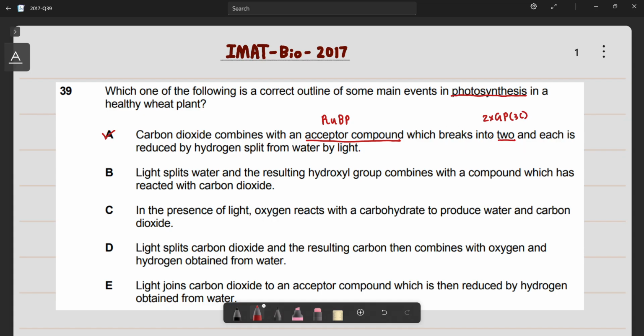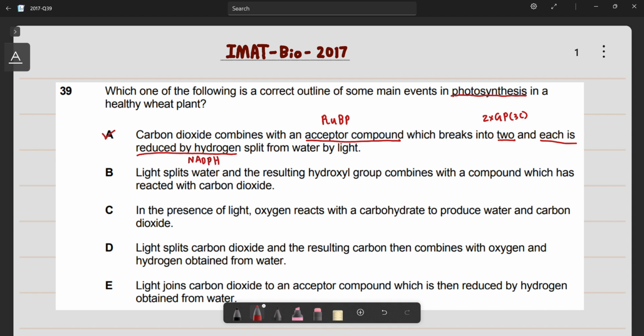Okay, so this process is still the Calvin cycle, and each GP is reduced by hydrogen. So the two molecules of GP, when they're reduced, produce GALP. The one that carries the hydrogen for this process is NADPH.